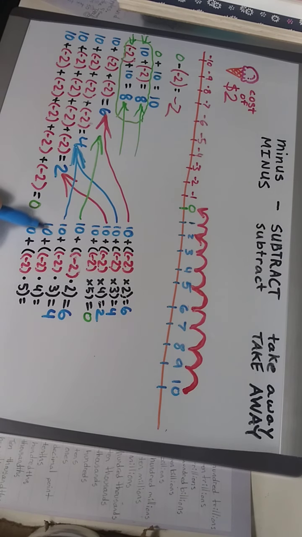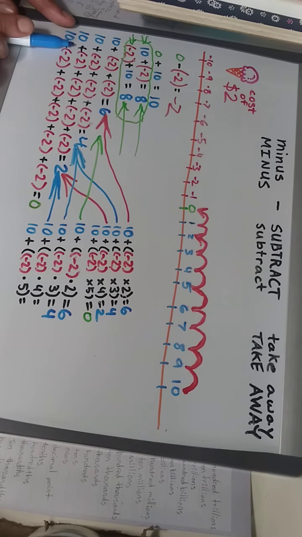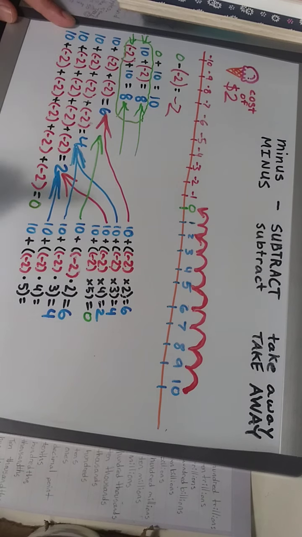So here we have 10 plus negative 2, 4 times. So that would be here: 10 plus negative 2, how many times? 1, 2, 3, 4 times is 2.